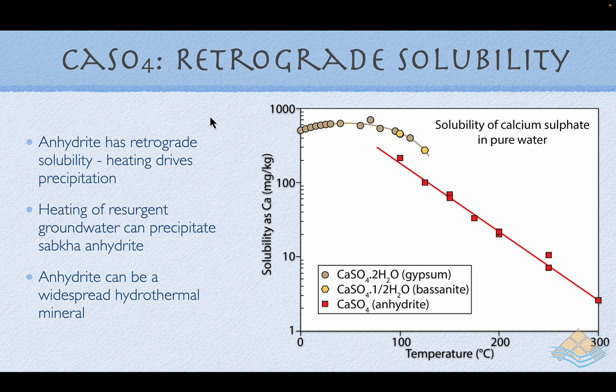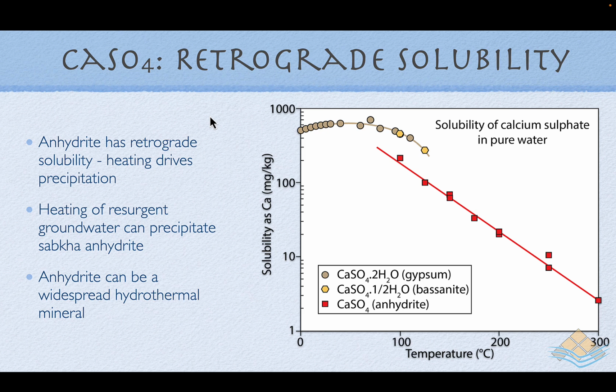We can also see anhydrite as a very widespread hydrothermal mineral in a lot of deposits associated with black smokers on mid-oceanic ridges where we have hot hydrothermal waters driven by magmatic heating as we're forming new oceanic crust. As those hot hydrothermal brines come into contact with seawater, it heats the seawater and it precipitates calcium sulfate. And calcium sulfate, during the formative stages of the smoker deposits, is a dominant phase.